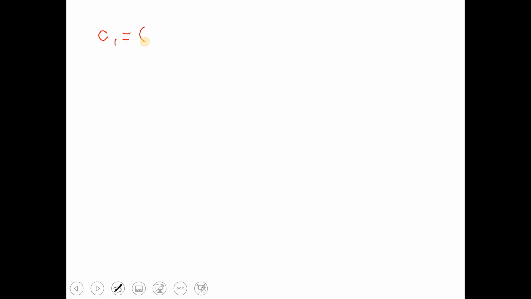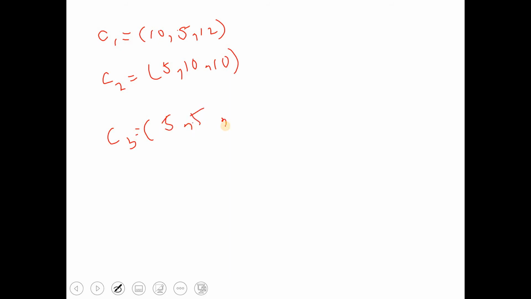So let's say I write one color over here as a very simple one: C1 is 10, 5 and 12. Another color C2 is 5, 10, 10. C3 is 5, 5 and 6. I want to make it simple, so that's why I am using very small values of color.